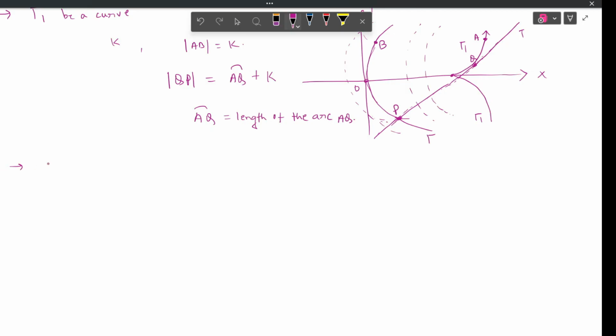So let's see this method of tracing an involute of a curve.